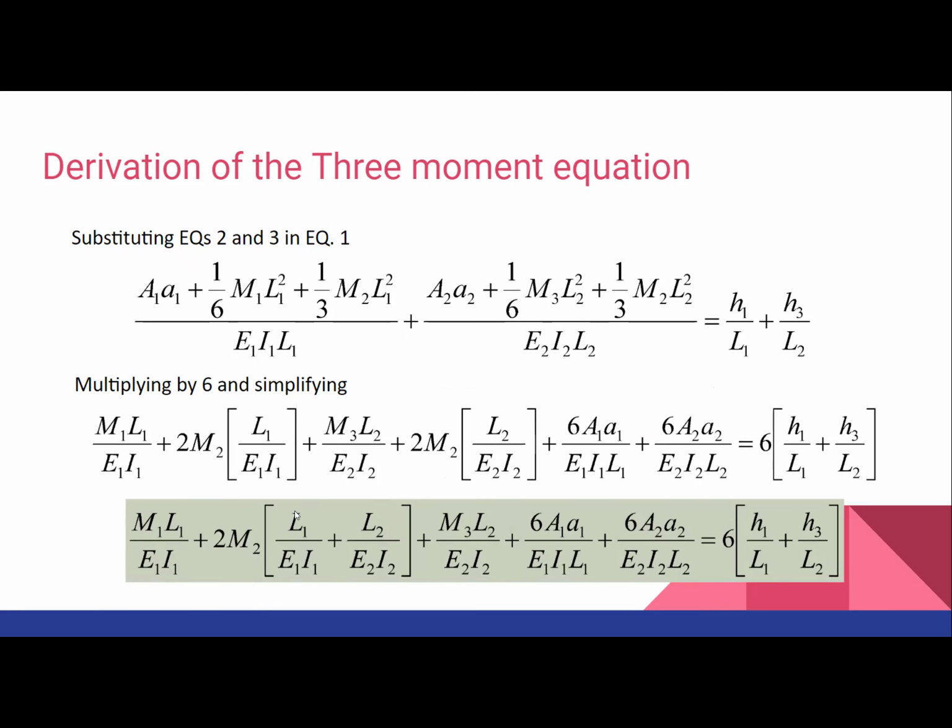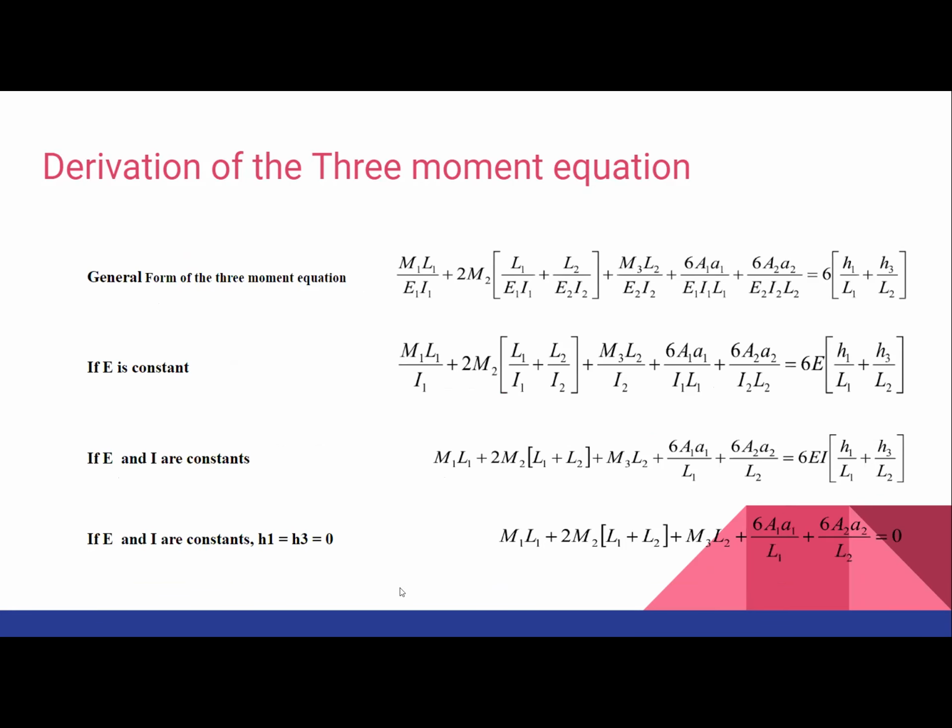So ito na po yung gagamitin natin na three-moment equation. So if you'll notice, medyo mahaba siya, no? But since most of the time we are analyzing beams with constant EI, generally it will just be like this one.